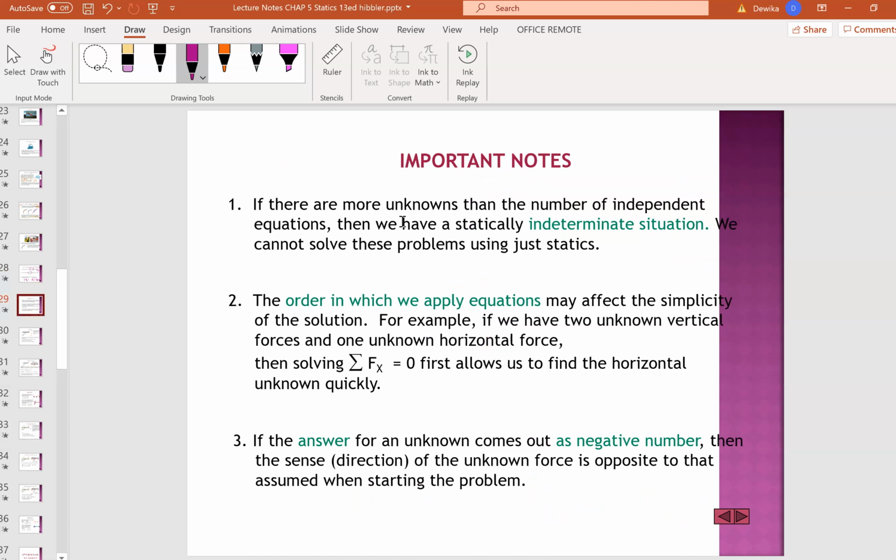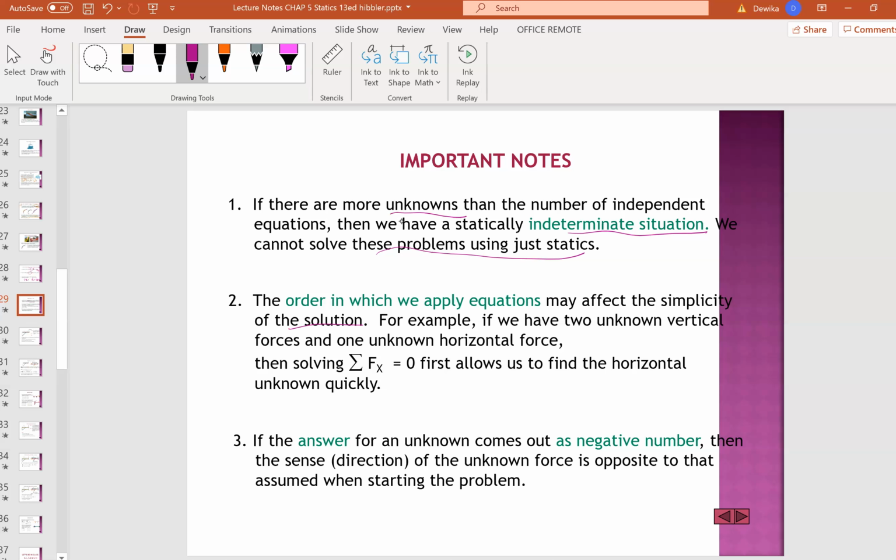So these are the steps involved. If there are more unknowns than the number of independent equations, then you have a statically indeterminate situation. We cannot solve this problem just using statics. The order in which we apply the equations may affect the simplicity of the solution.